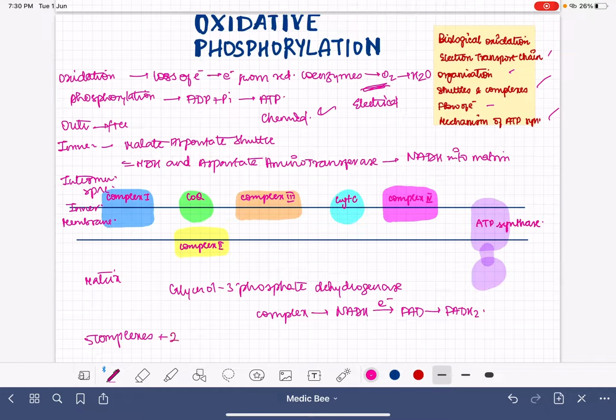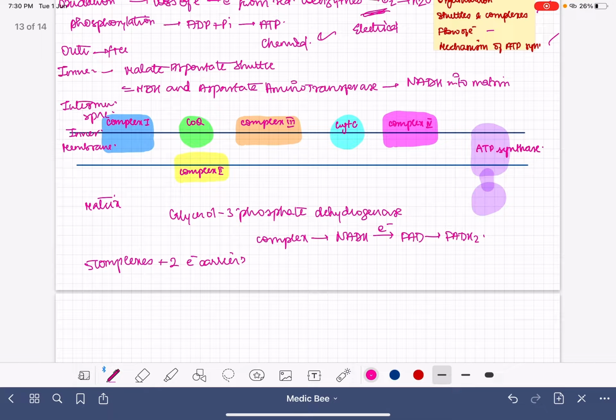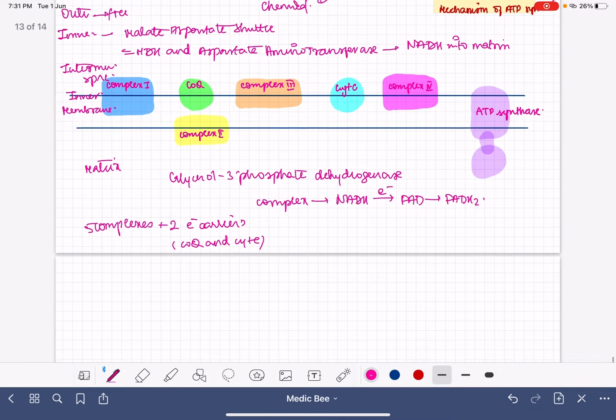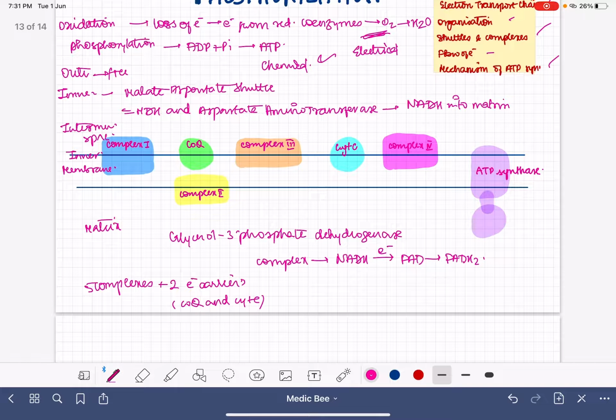These 5 complexes are named 1, 2, 3, 4, 5, and the 2 electron carriers are coenzyme Q and cytochrome C. These all work together to transfer electrons from one complex to another, so that it will finally lead to accumulation of protons, from which energy can be released, and also to transfer these electrons to oxygen to produce water.